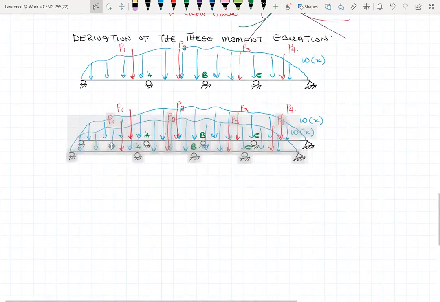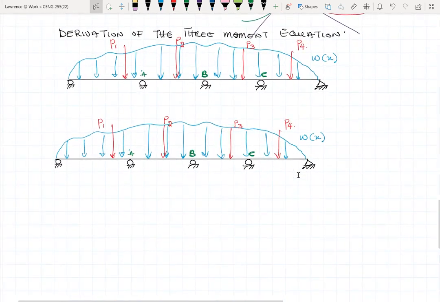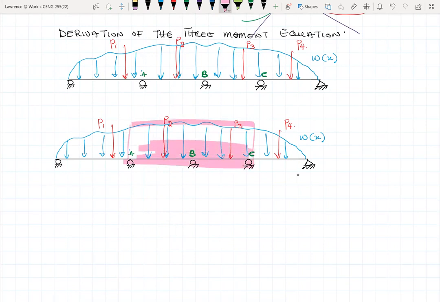Bring it down a little bit to the side. All right. So I want to look at this section right here. Let me just shade that portion. I'm focusing right here, right in this space, because that'll help me to easily formulate my equation.